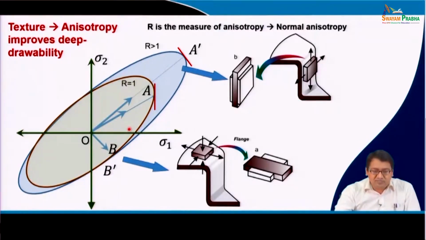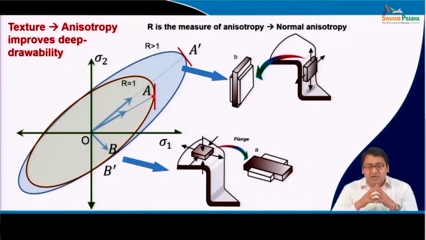And then if we are considering the cup wall region, that is the tensile region, it is somewhere here, right, because it has more tensile along sigma 1 along with the punch, and it is a little less along the other side. On the other hand, the shear region, where it is tensile in one direction and compression in another direction, is given by this position B.